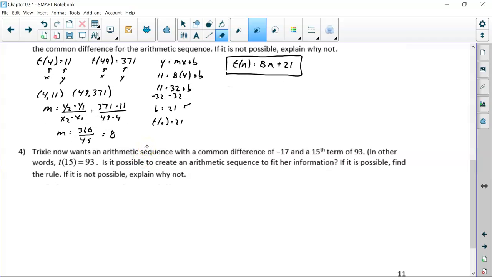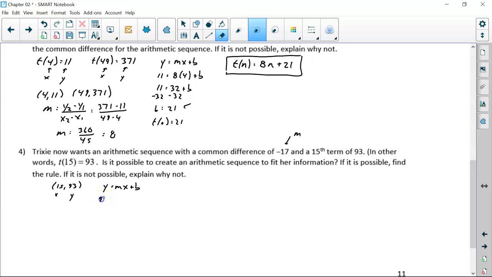Now, the common difference is negative 17 for the next one. That's our slope. And T of 15 equals 93. So what that's telling us is that (15, 93) is one of our points. We need to just find the y-intercept. Now, I don't have to make a table or anything like that. I can use y equals mx plus b. The common difference is our slope. The first number is x, the second is y.